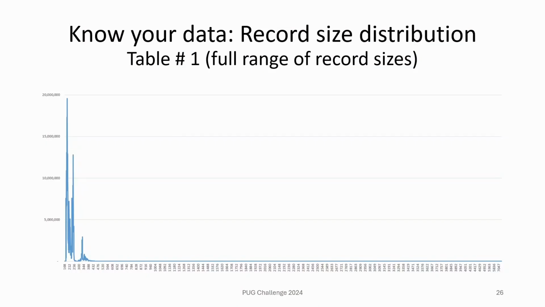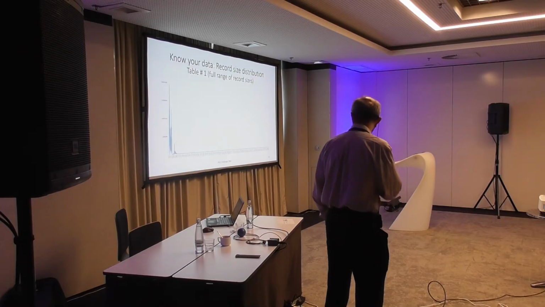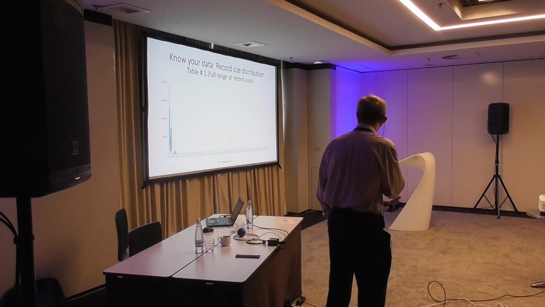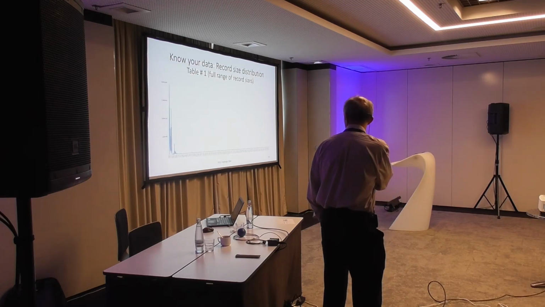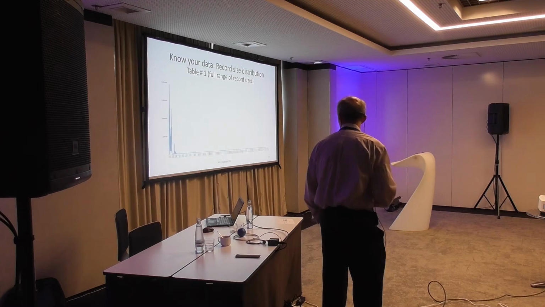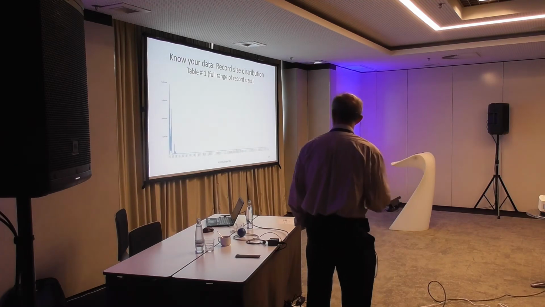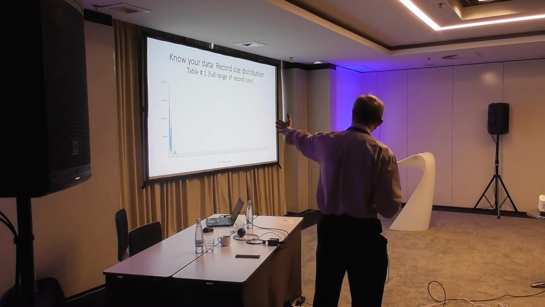And now I have a couple of slides. Where's time? Oh, we're good with time. These slides represent a zoo, and I will show you why. It's about record distribution. So this is the same table number 1 that I showed you before, and you can see that most of the records are smaller sizes.